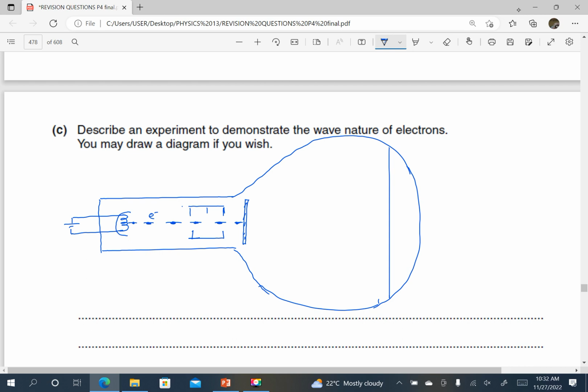So the electrons are undergoing diffraction and they are going to form diffraction patterns on the screen, which are actually concentric circles.